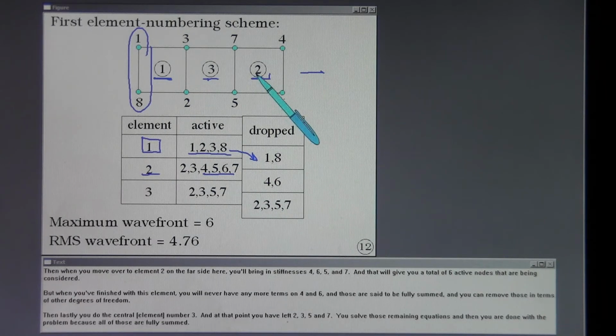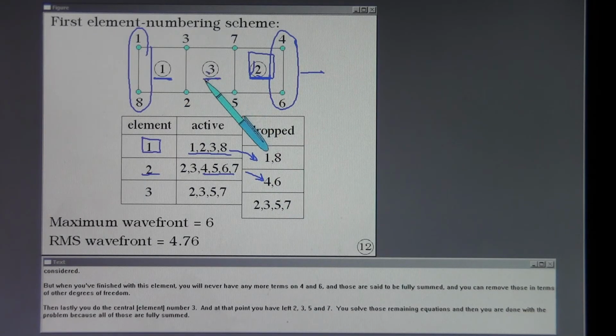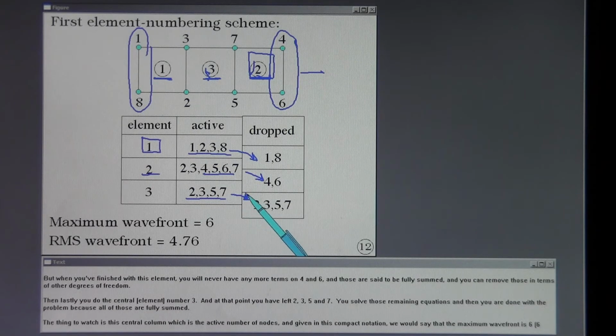But when you've finished with this element, you will never have any more terms on 4 and 6, and those are said to be fully summed, and you can remove those in terms of other degrees of freedom. Then lastly, you do the central node number 3, and at that point you have left 2, 3, 5, and 7. You solve those remaining equations, and then you are done with the problem because all of those are fully summed.